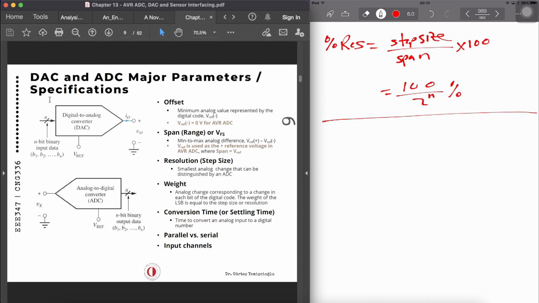Okay, so another important metric is the weight. Now, the weight of the least significant bit is equal to the step size or the resolution. And in general, when we talk about the weight, for example, let's consider a digital to analog or analog to digital converter that is an 8-bit.